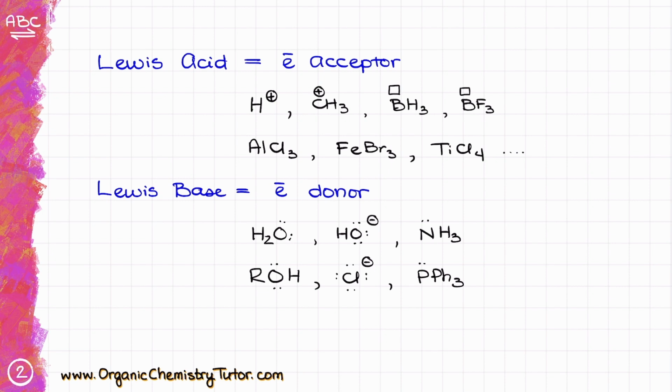So for instance, I have water with a couple of electron pairs, or an OH anion with 3 electron pairs, or ammonia with an electron pair, or some sort of alcohol with a couple of electron pairs, or chloride anion with 4, or even something like triphenylphosphine, which has an electron pair as well, so it can also serve as the Lewis base because it can give electrons away.